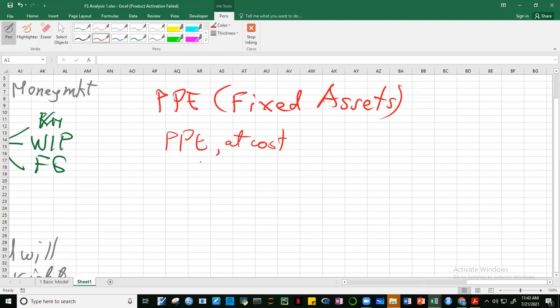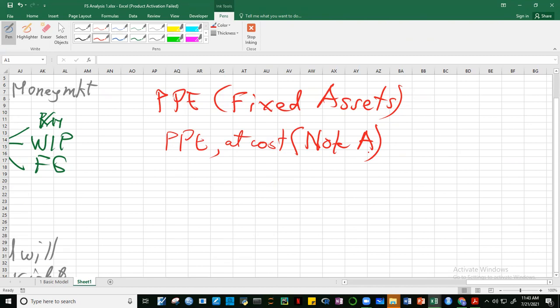PPE at cost, okay? And usually, guys, yung companies will have several PPE items. No? Merong equipment, may building, iba't ibang klase. So usually, hindi sinasama sa balance sheet mismo. Naglalagay lang tayo ng notes to the financial statements. Kunyari, note A. Kasi pag isama natin, kunyari, 50 assets yan, di ba yung balance sheet natin magmumukhang napakahaba?